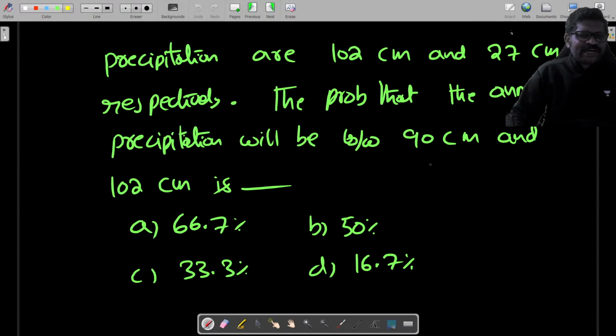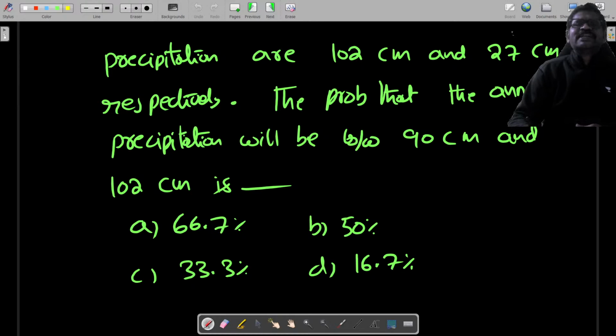So here simply you can understand that the cumulative probability distribution function is provided here, and the probability distribution function and the normal probability function are both approximately the same.